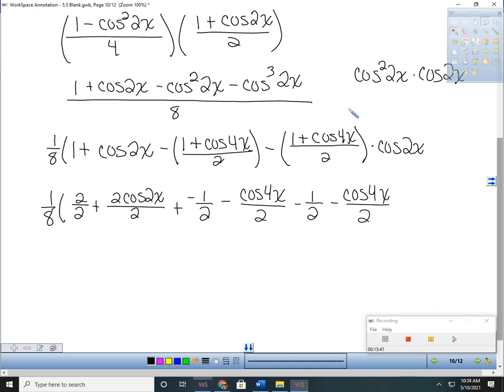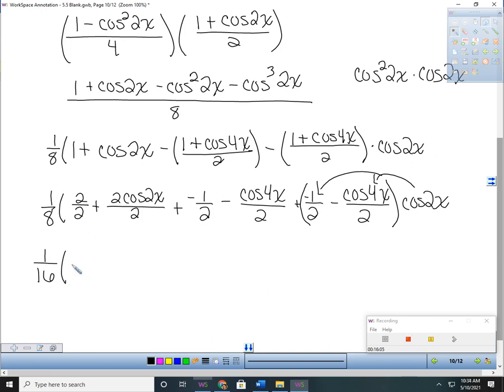Now here's something that you need to remember: both of these were in this parenthesis, so I'm going to make this plus a negative. And I have to take those times this cosine 2x. All right, so that's going to get distributed to these tops right here. So I'm going to go ahead and take out a half, which makes 1 over 16.